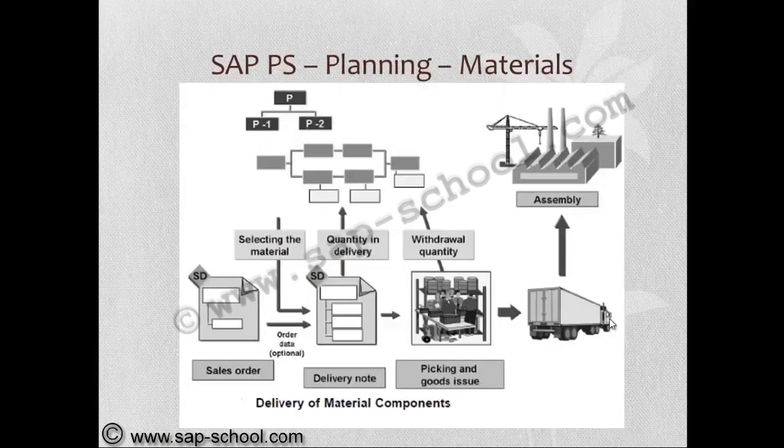So for delivery of material components, it is from the sales order or a delivery note. We are selecting the materials from the WBS elements and activities, and quantities in the delivery will be from the delivery note, and withdrawal quantity will be taken from the goods issue.